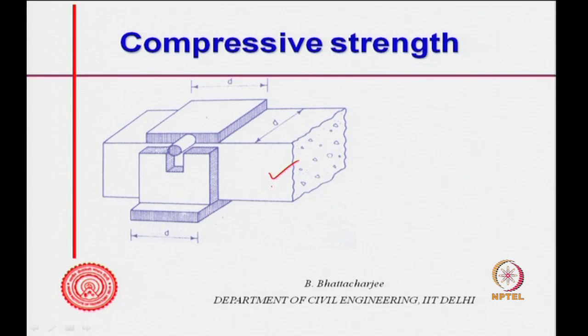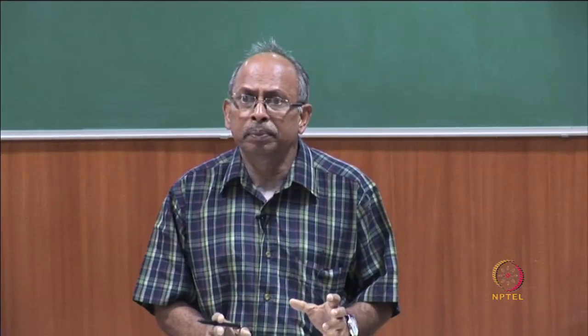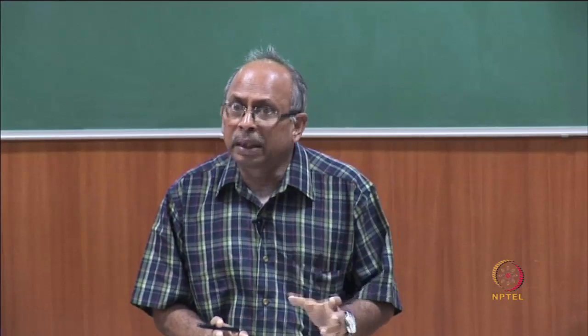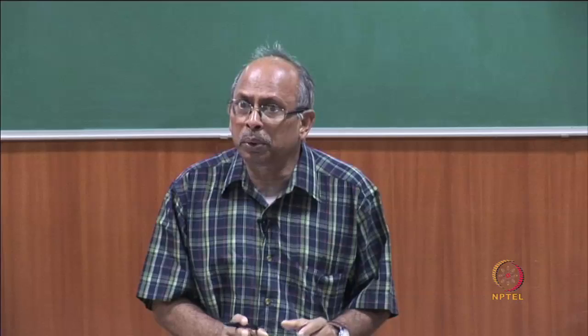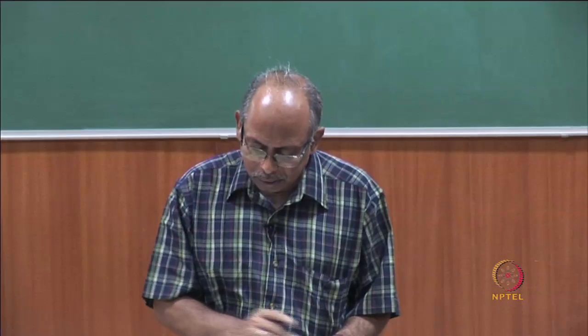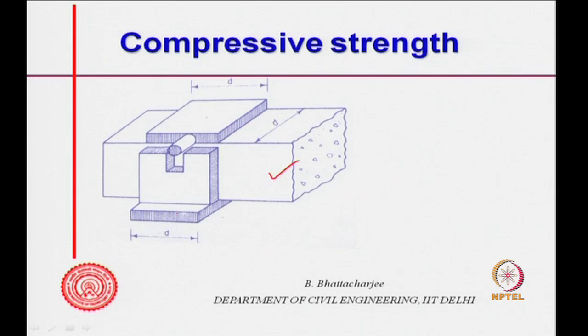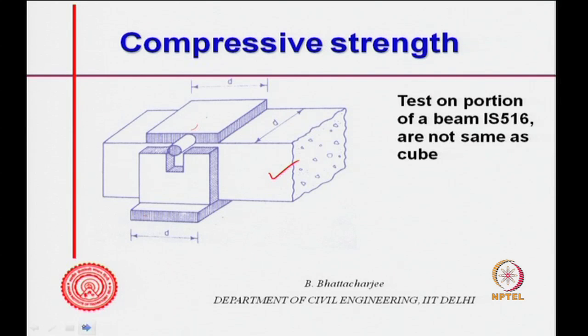After doing the test for flexural strength on a beam, which we will discuss sometime later, the remaining unbroken portion I can test under compression. The load is applied through the top plate, with the bottom plate here, and as we press it goes down and I get some results.